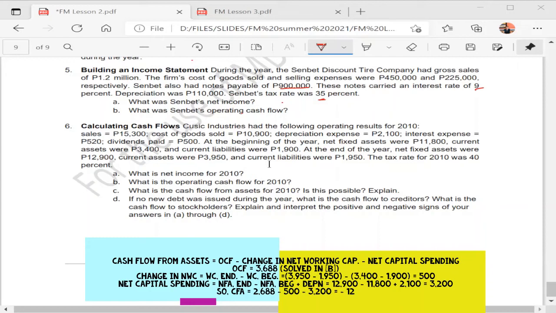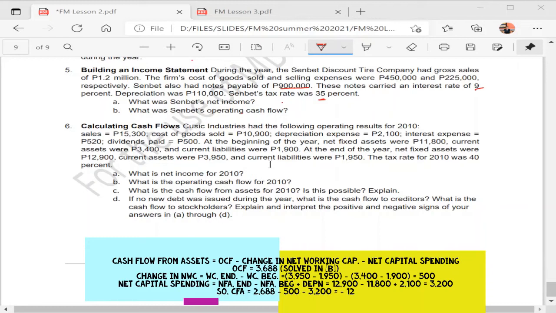So for this problem, we have a net income and OCF that are positive, but it still resulted in a negative cash flow from assets. The reason for that is there is a heavy investment in fixed assets and net working capital. So therefore, there is a need to raise more funds.